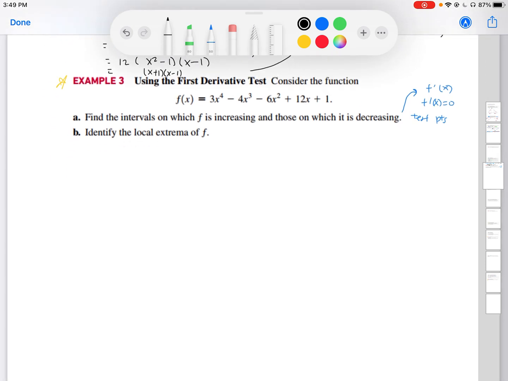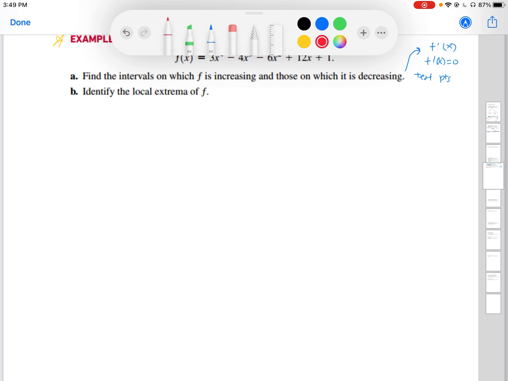Okay, we found our derivative. Let's set our derivative equal to 0, so that we have 12 times x plus 1 times x minus 1 squared. We set that equal to 0. We're left with x is equal to negative 1 and x is equal to 1.